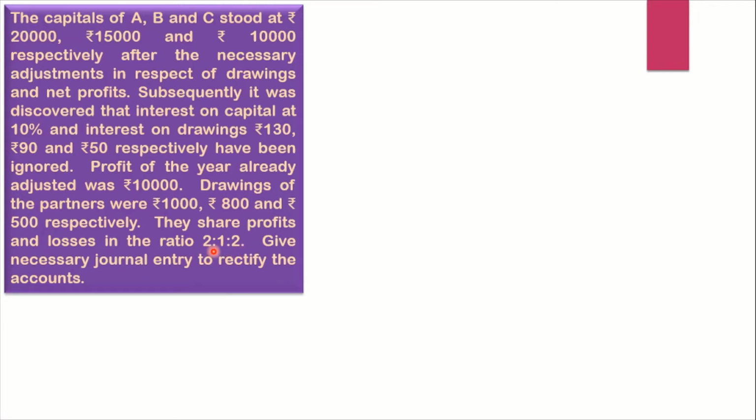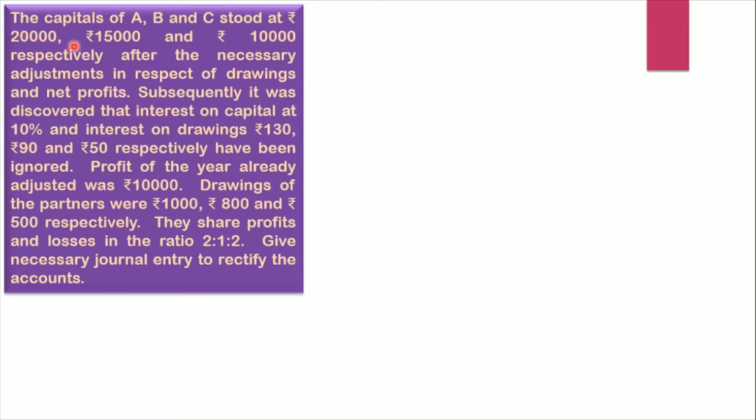Profit is distributed in this one particular ratio only. So now we can treat this and find out our net effect amount. That is, interest on capital is 10%, which is not calculated and not considered, and even interest on drawings is not considered. So let's calculate 10% interest on capital.